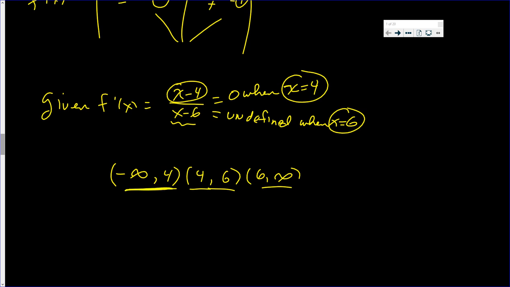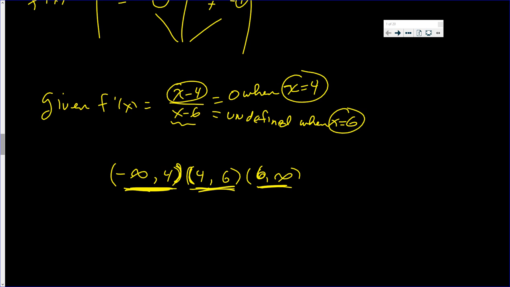4 is not in this interval because it doesn't include 4. 4 is not in that interval because we don't include 4. And 4 is not in this interval because the number 4 is not bigger than 6. Same argument with 6. 6 is not in any of the intervals. But the number pi is. Pi is in the first interval.